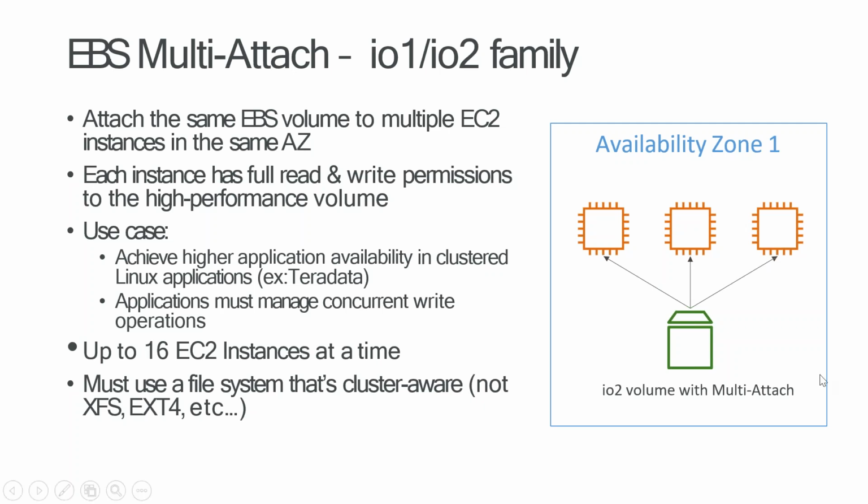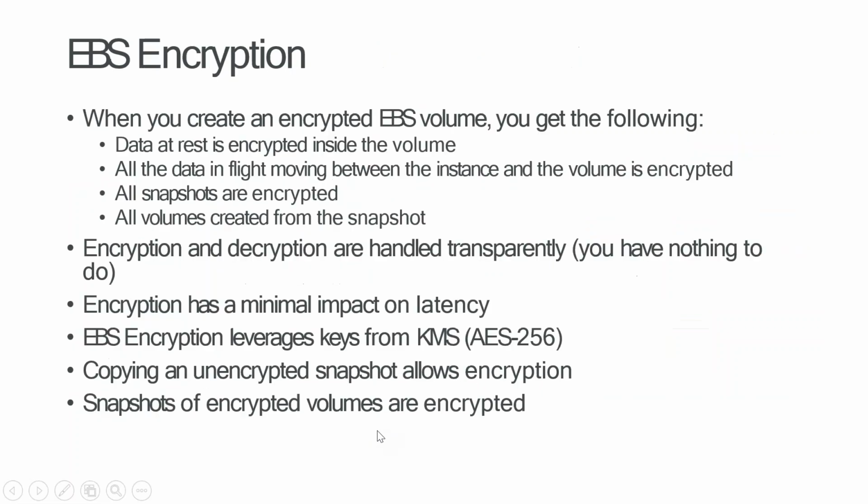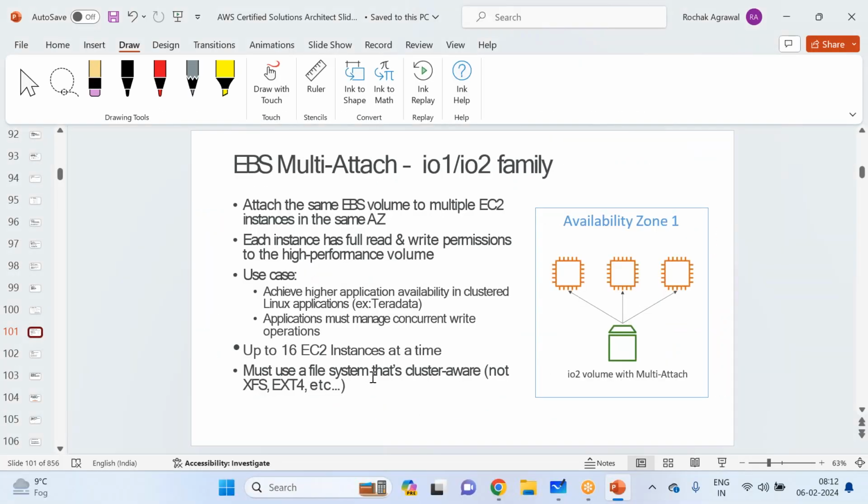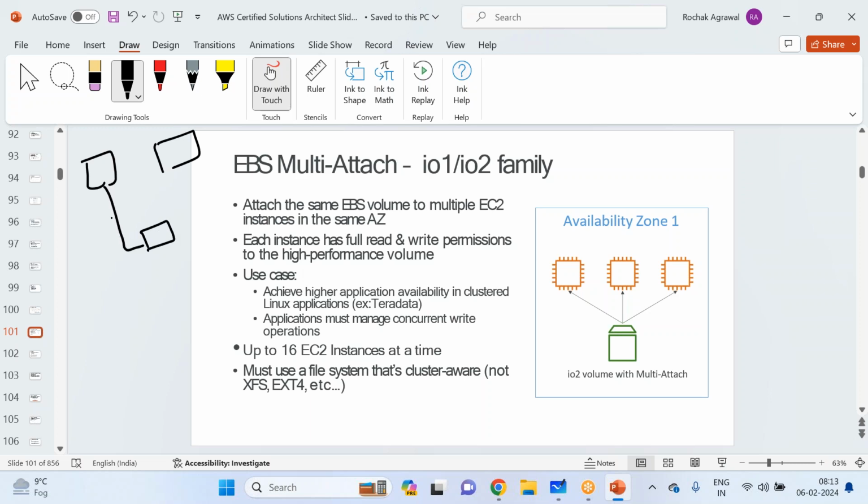Now, till now what we have been saying is that if there are two EC2 instances and there is one EBS volume, then I can attach this to one EC2 instance only.